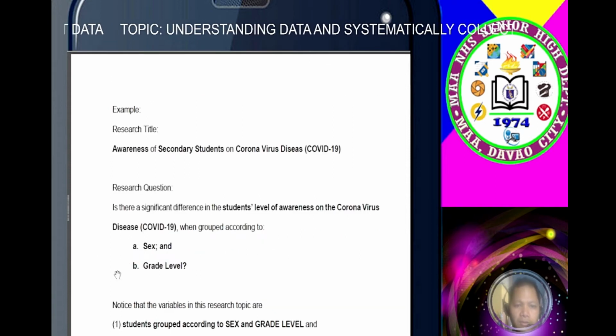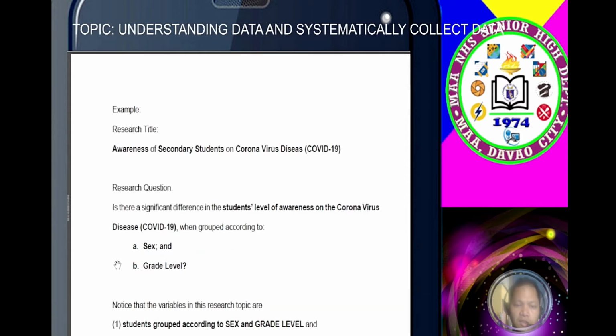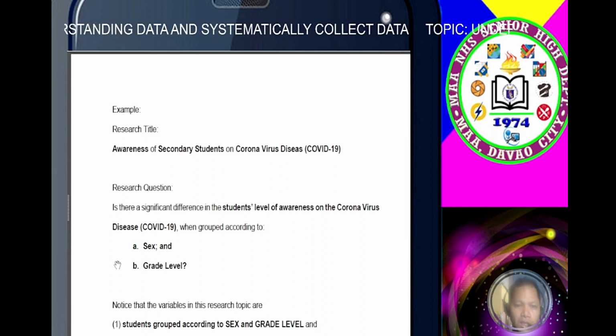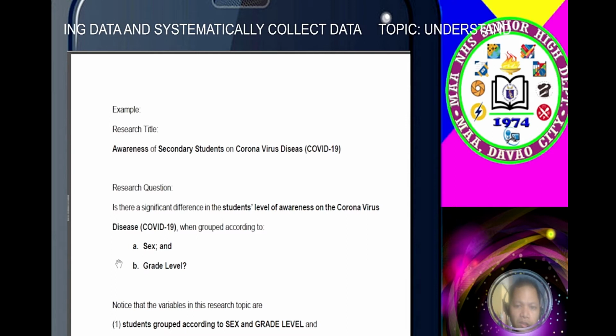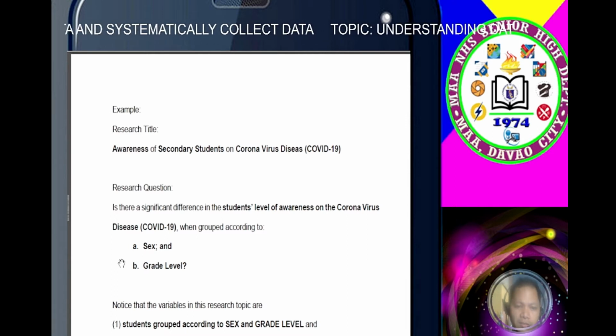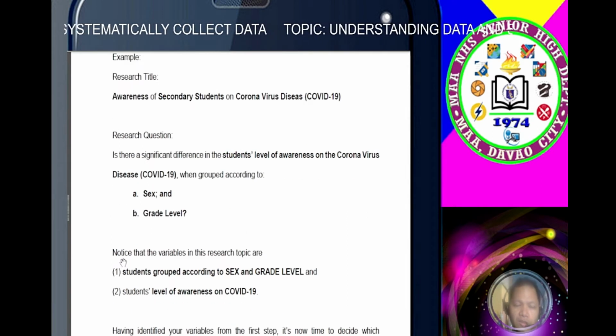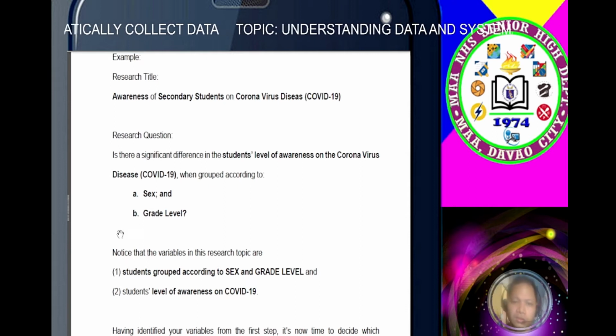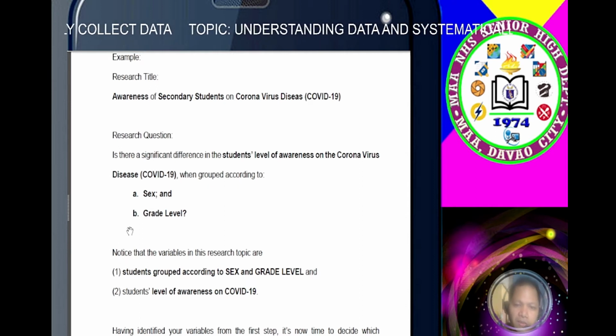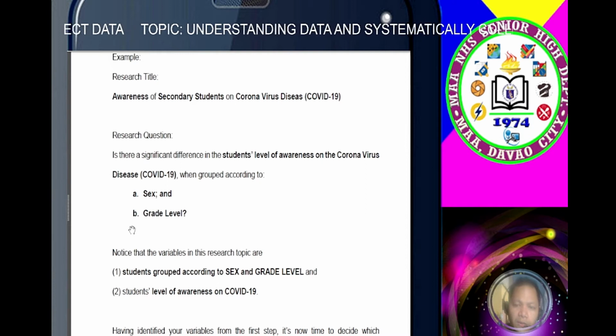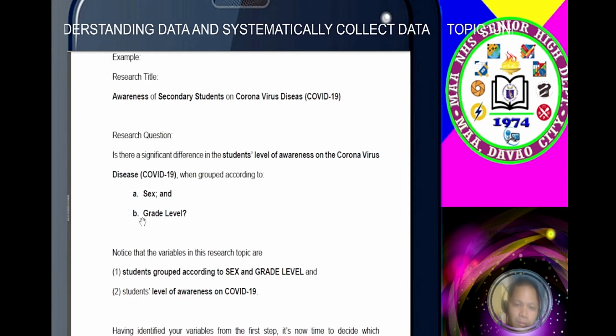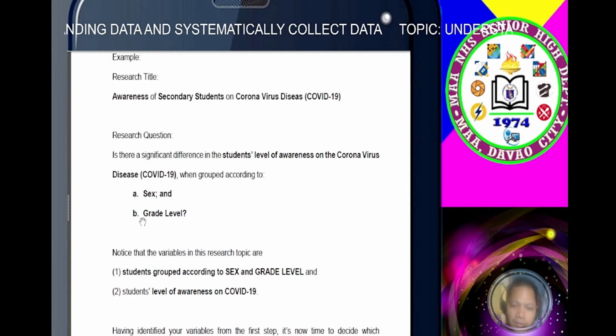Okay, so this is an example. The title: awareness of secondary students on the coronavirus or COVID-19. The research question, this is the inferential question: Is there a significant difference in the students' level of awareness on the coronavirus disease when grouped according to A. sex, B. grade level?